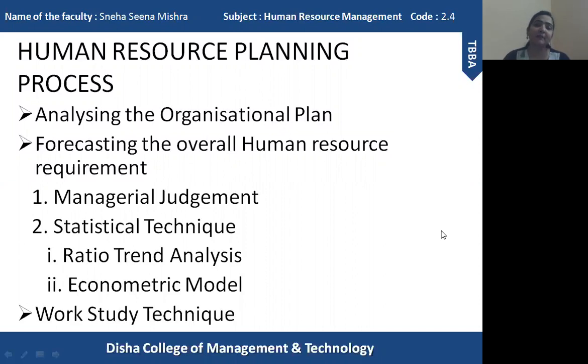Suppose we have created a program which is unrealistic in nature, which seems to be very difficult to execute. Such programs cannot be implemented within the organization. So whenever we are planning for human resources, we need to understand the various organizational plans, the unit-wise plans, and the programs created for each and every organizational plan for each department of the organization.